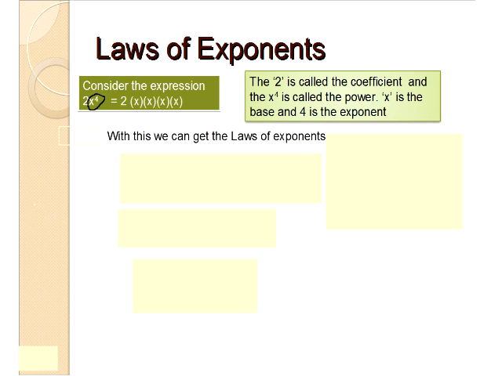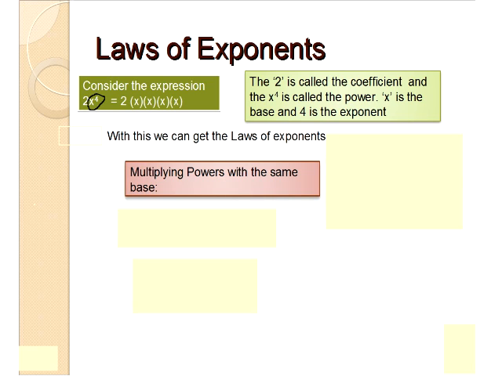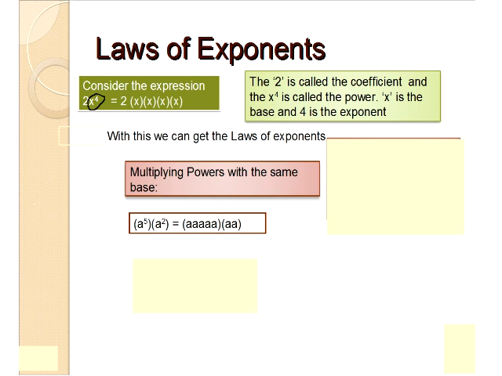The first one is multiplying powers of the same base. What we can do here is we can take a look at a to the 5 times a to the 2, and that equals a times itself 5 times, and then a times itself 2 times, so a times itself 7 times.